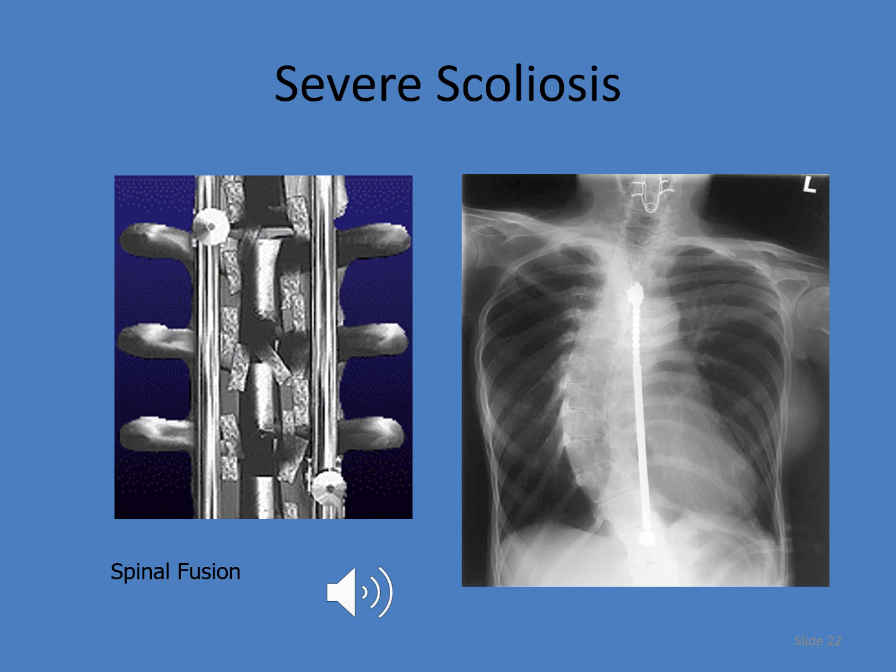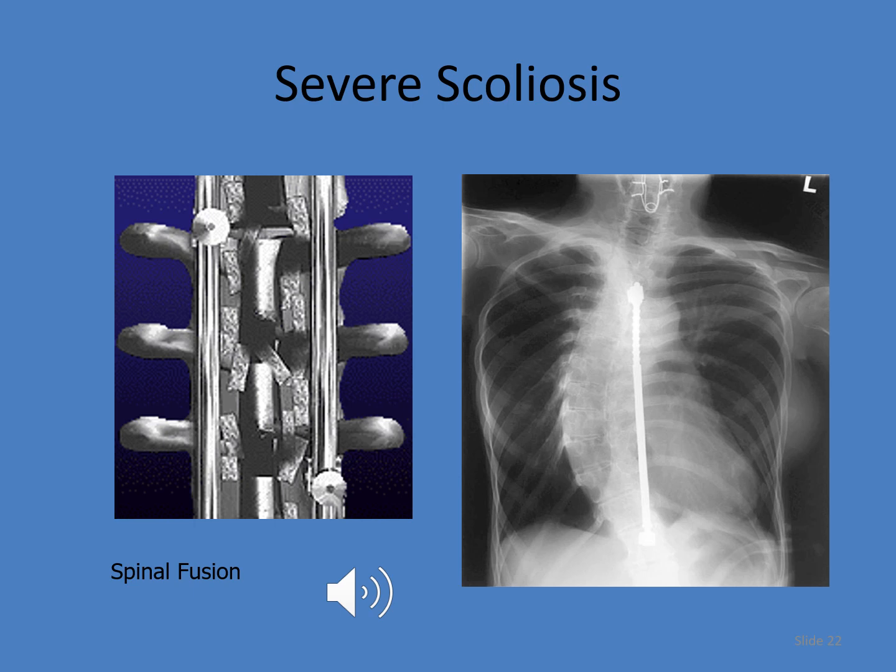We could use the halo traction method, which is really just use of opposing forces to straighten or reduce that spinal curvature, especially if it is severe when they're first diagnosed. I don't want you to focus so much on this. I still like to leave it in there because it's just nice information on how we manage someone who has severe scoliosis.